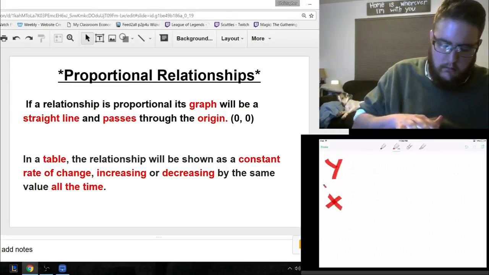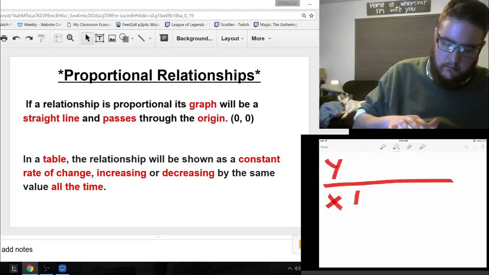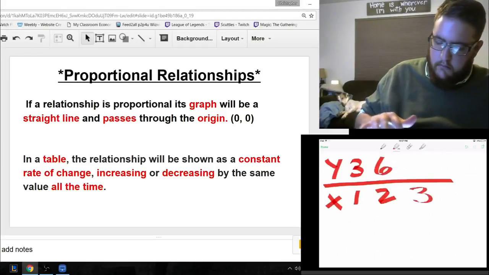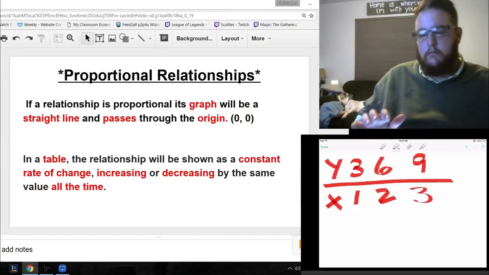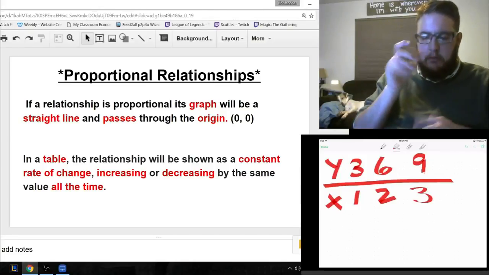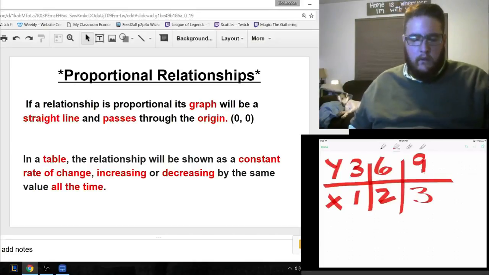So recall what our tables look like. This is an example of a table we might be given to determine whether or not it is proportional. So we've set up our table.